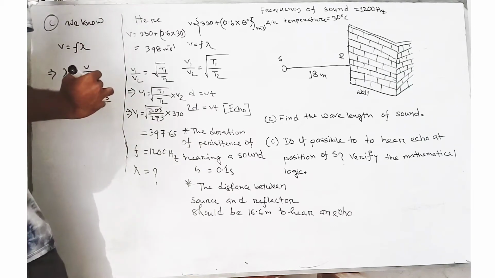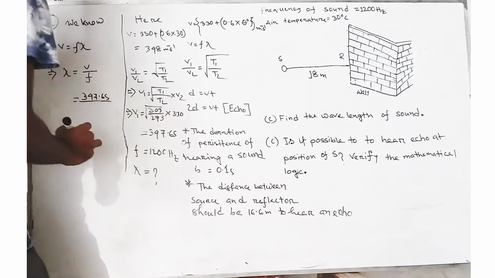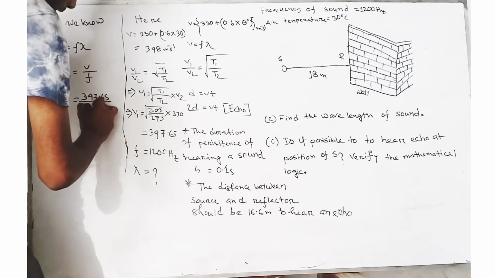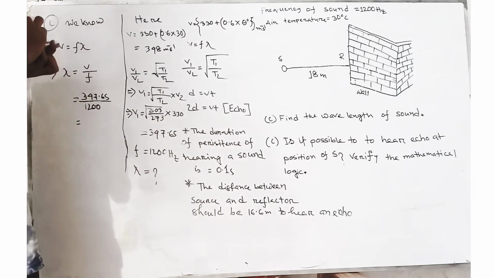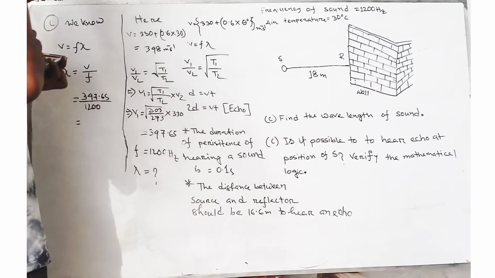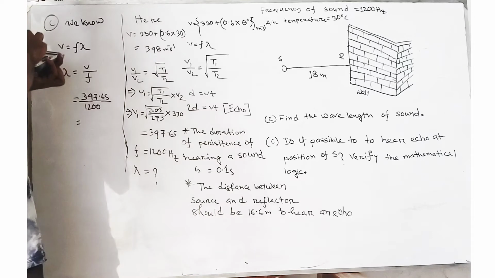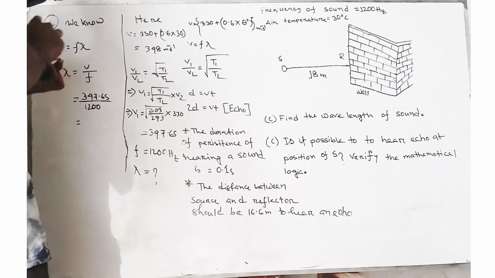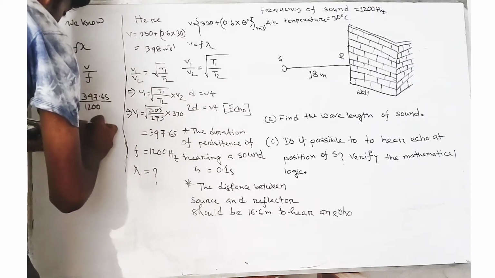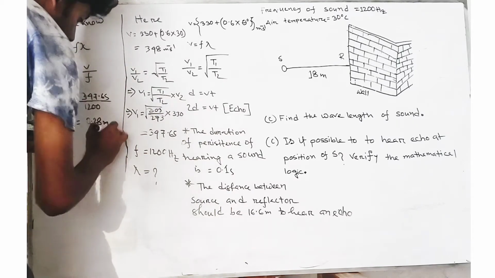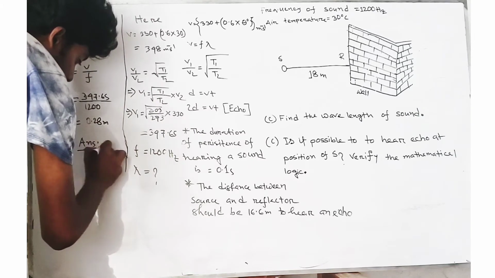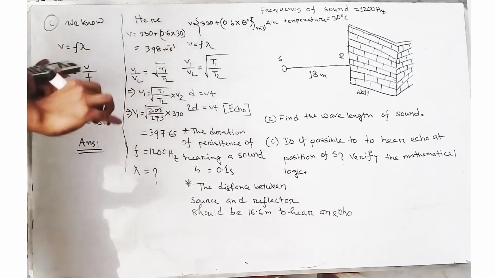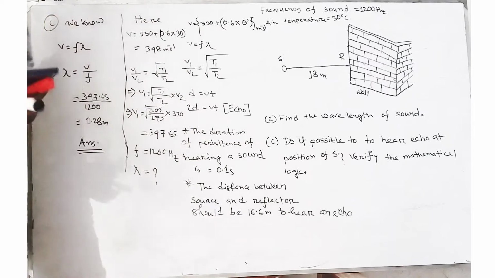So 347.65 divided by 1200 equal to 0.28 meter. This is the answer of lambda, the answer of question C.